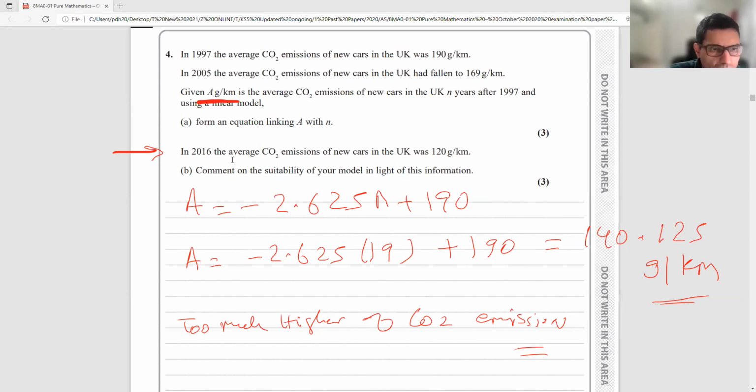Now they are saying in 2016 the average emission was this much, and when we use the model we find the value 140, which is too high. So we say that this model predicts too high a value, so it is not suitable.